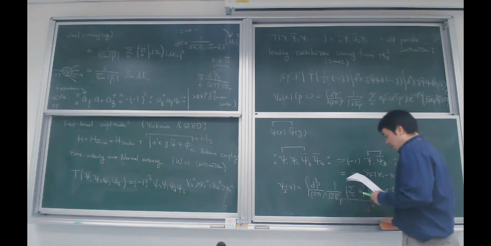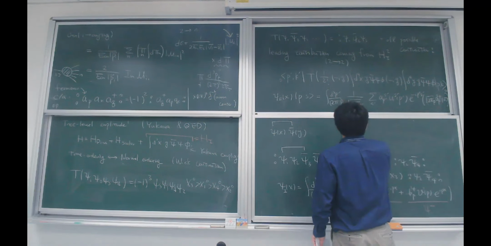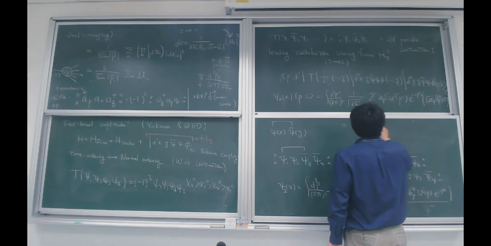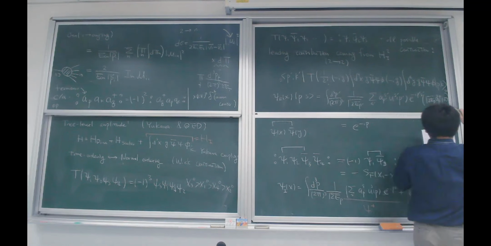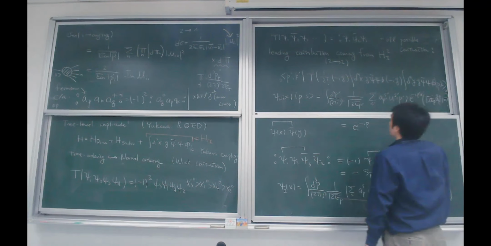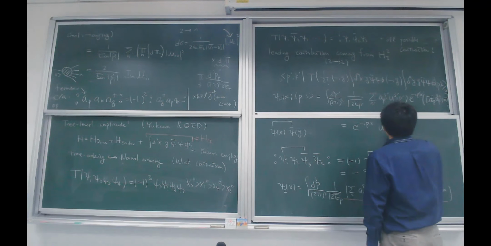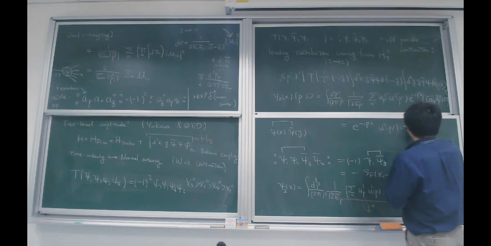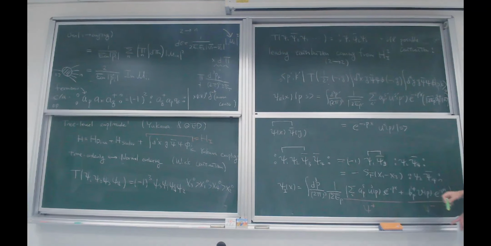What's left is equal to e to the minus i p x, sorry, something wrong here, it should be x, u_p, and then |0>. That's what we have.